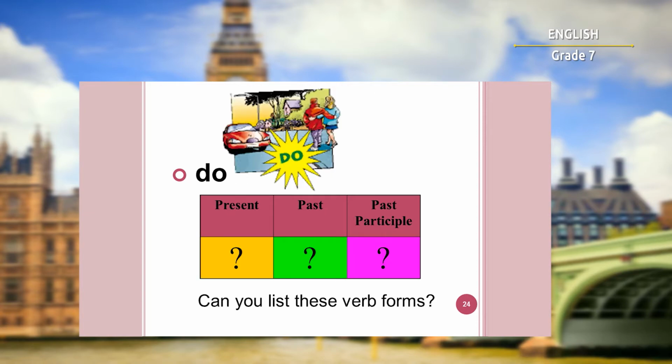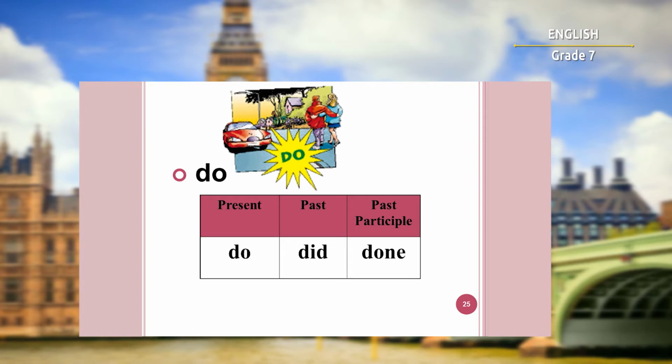And the next one is the verb do. Can you list these verb forms? Yes, you were absolutely right. The answer is do, did, done.